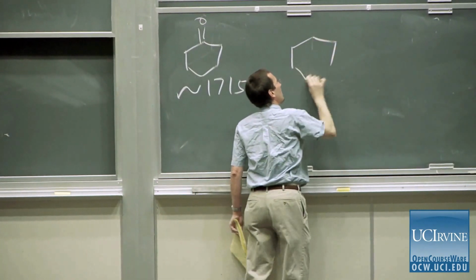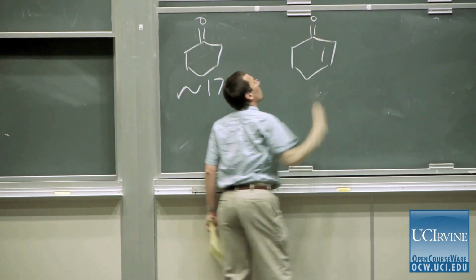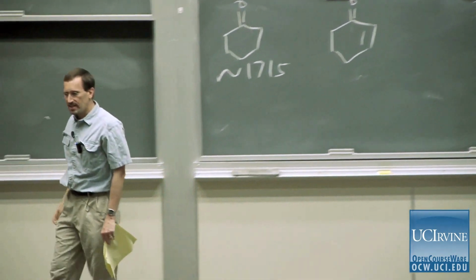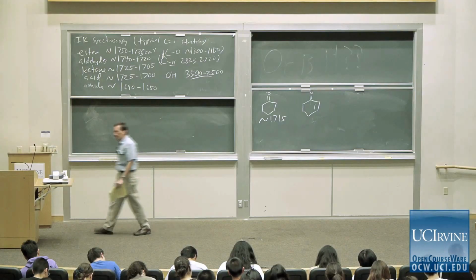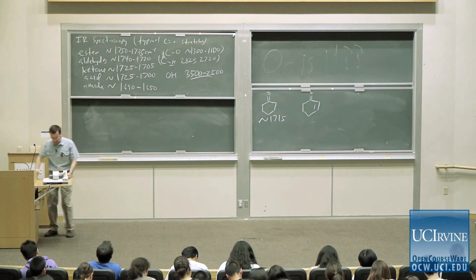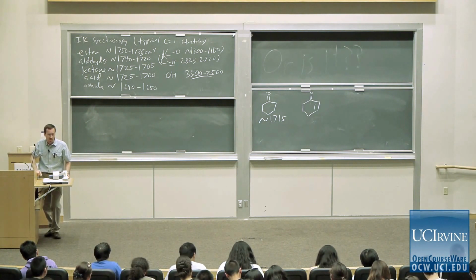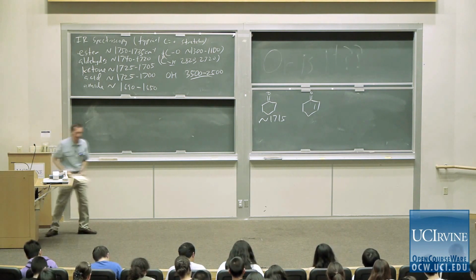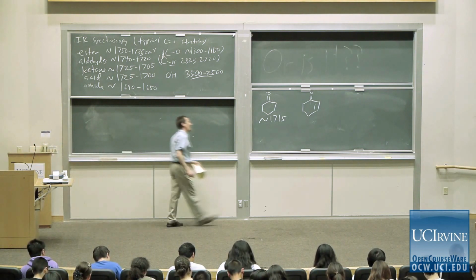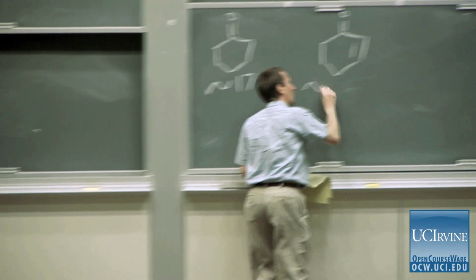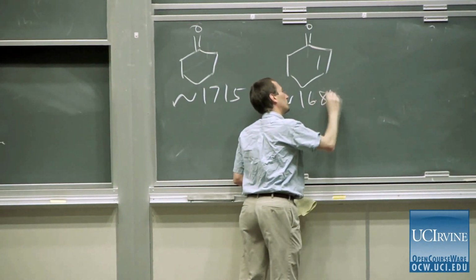If, on the other hand, you go to cyclohexenone, the conjugation of the double bond with the ketone weakens the CO stretch. It shifts it to lower frequency, to about 1685 wave numbers.